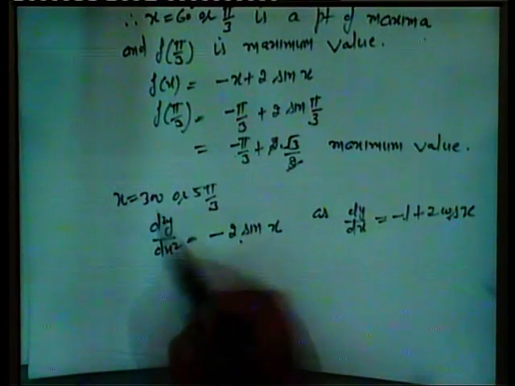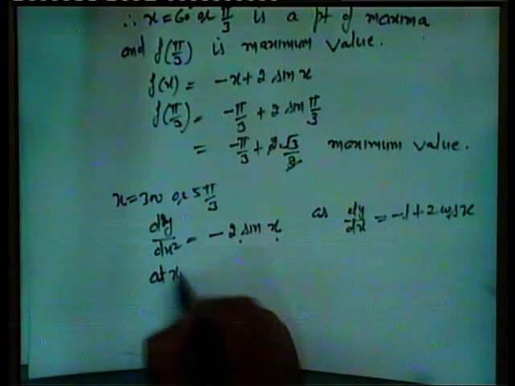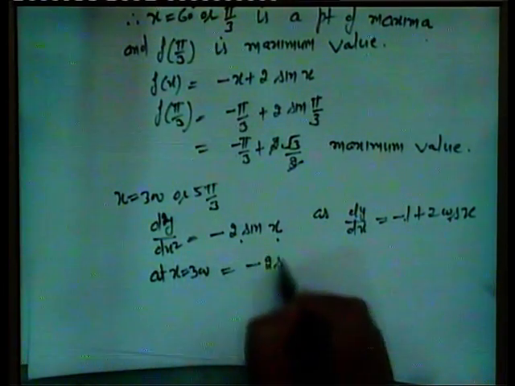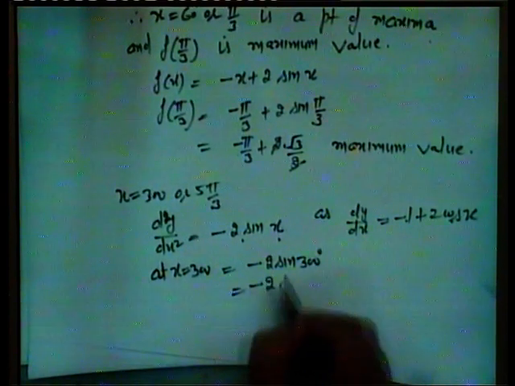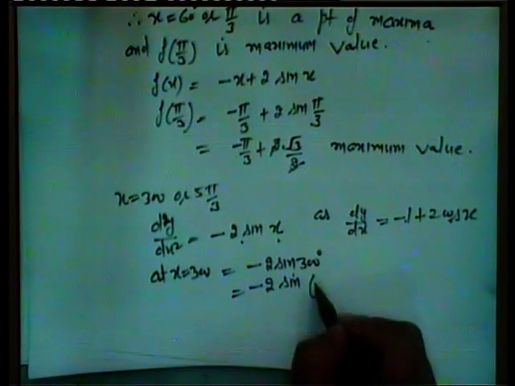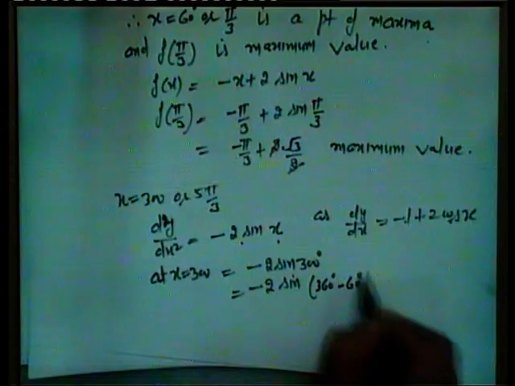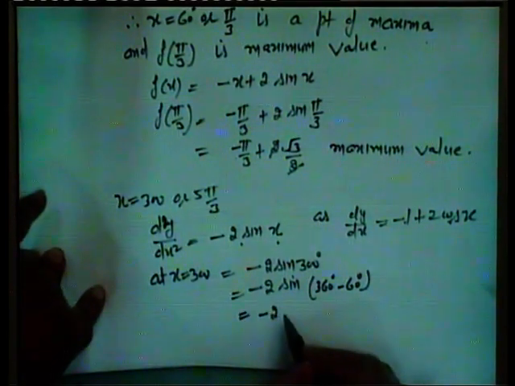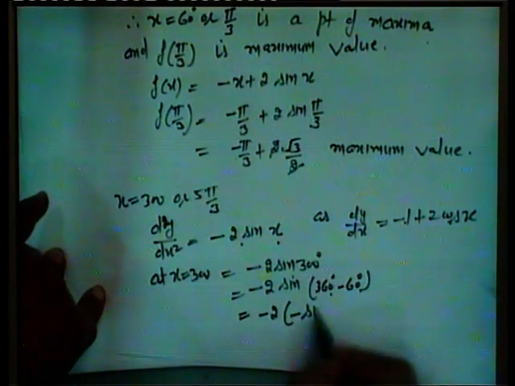Therefore, d2y by dx square is minus 2 sin x. At x is equal to 300 this becomes minus 2 sin 300. Now we can write 360 minus 60, which is equal to minus 2 sin(360 minus 60), which is minus sin 60.